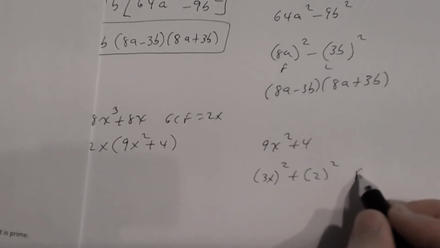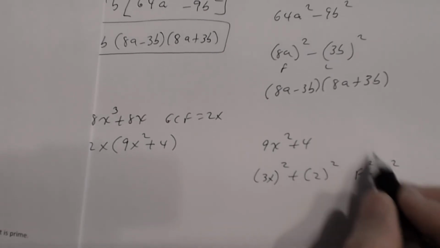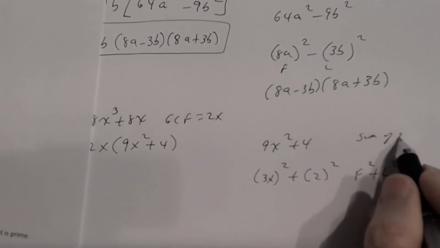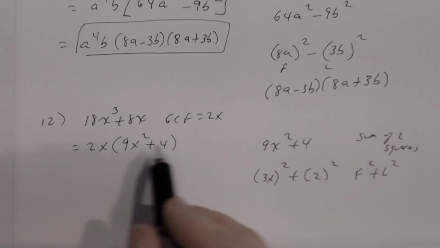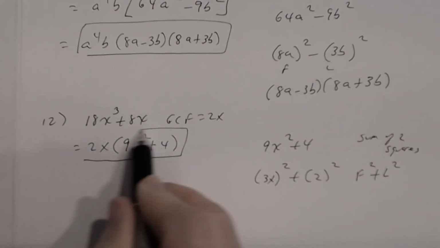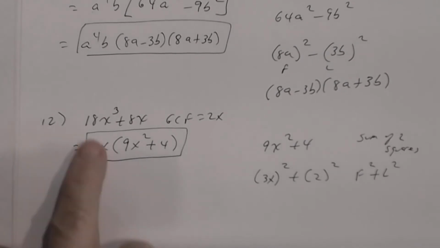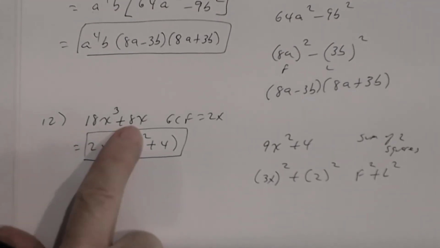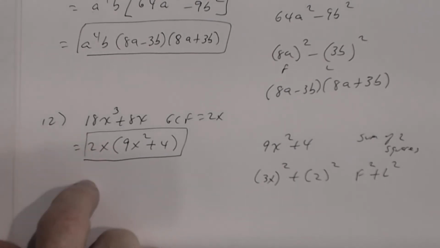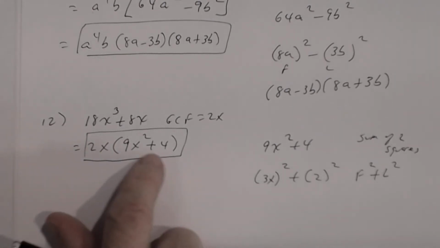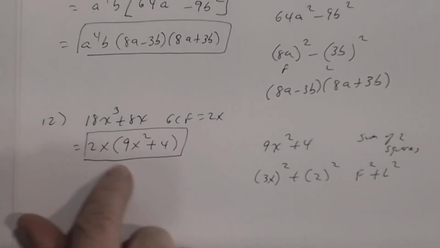So this is the sum of two squares. But remember, the sum of two squares cannot be factored. So you're done. This is it. There's your answer. Okay? So you factored the original problem. In fact, you factored it as 3 factors: a factor of 2, a factor of x, and your third factor is this binomial.